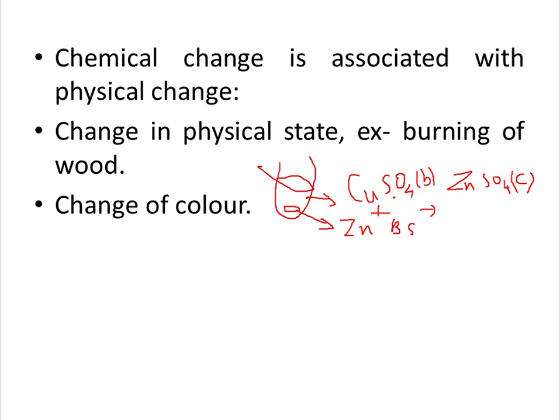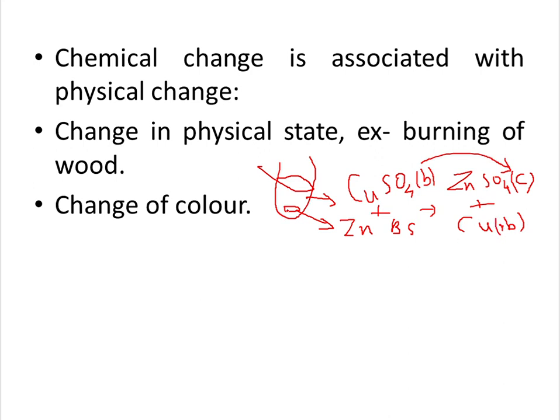So copper sulfate solution will get converted into zinc sulfate solution. So the color of the liquid will change from blue to colorless, right? And here zinc metal is there. Zinc metal will get dissolved to form zinc sulfate. Some of the zinc metal will be remaining, and on the zinc metal we will be seeing the deposition of copper, right? The color of copper is reddish brown.